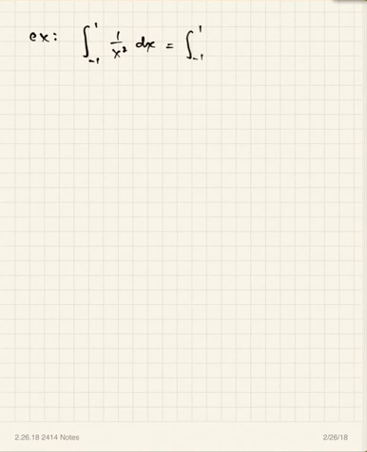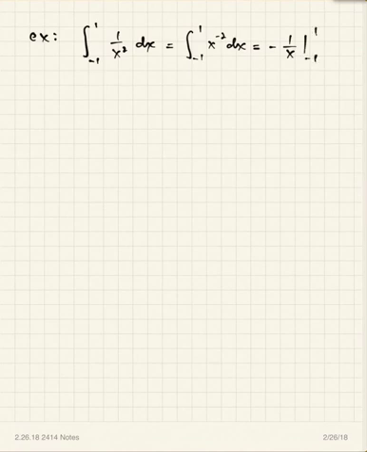So this is the integral from -1 to 1 of x to the -2 dx. So using the power rule, right, this is just a power rule problem as far as the antiderivative goes. You end up with the negative of x to the -1. So you end up with -1 over x, and that goes from -1 to 1.